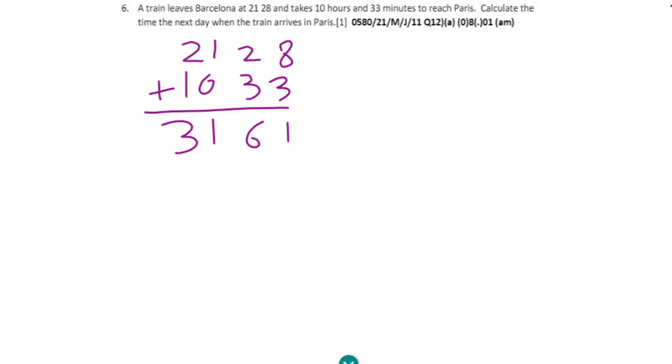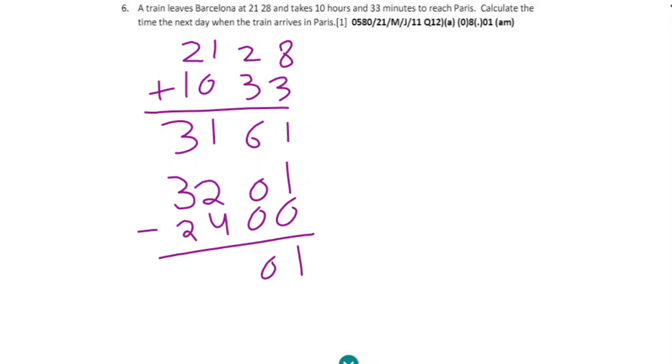So change this into 32:01, because we've given 1 hour to the other side, so add 1 to 32. Now 32:01 is not an accurate representation of time, so subtract 24 hours from it since we've gone into the next day. So we get 8 here and 1 minute. So this is the answer, 0801 in the 24-hour clock, or 8:01 a.m.